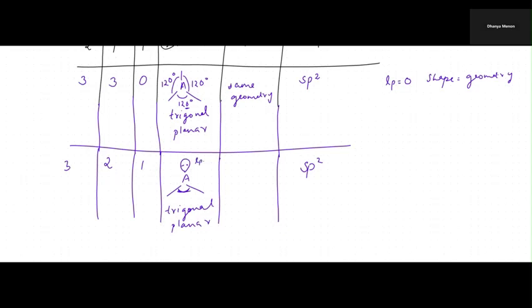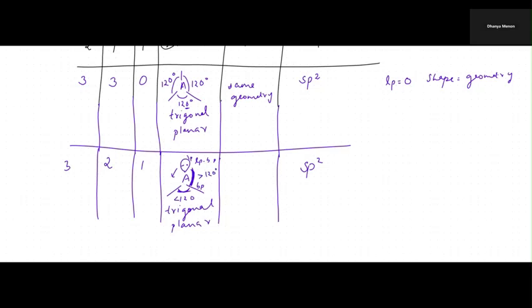This repulsion will push the angles, because of which this angle will be less than 120. And this angle, because the lone pair is pushing the bond pair, is greater than 120 degree. I hope till here it is clear.